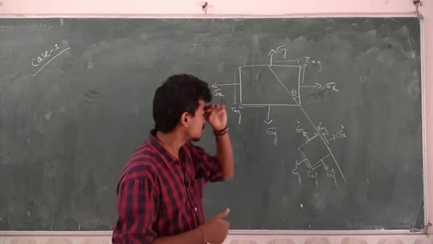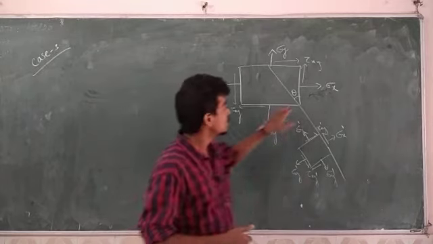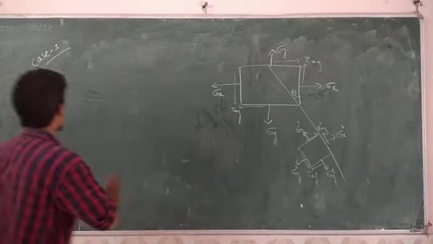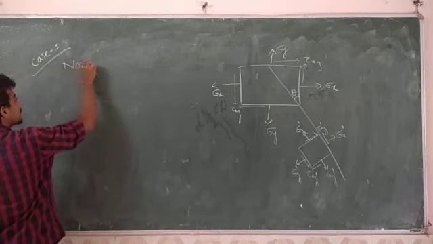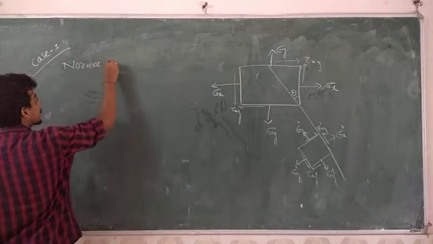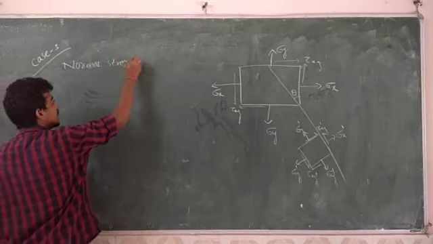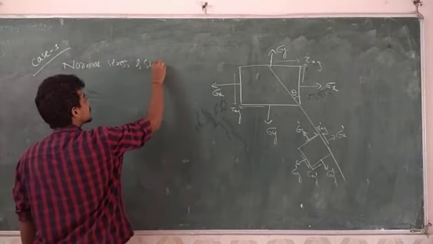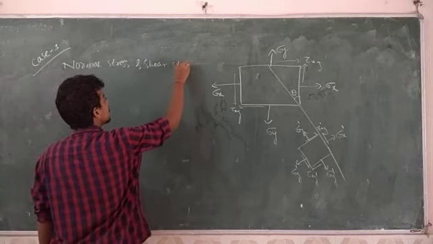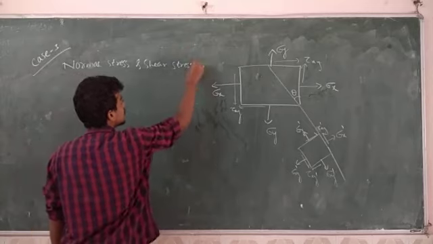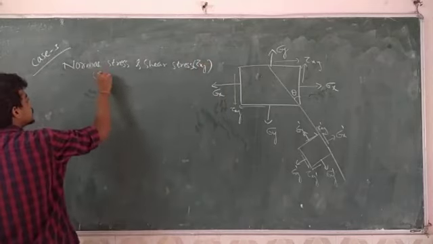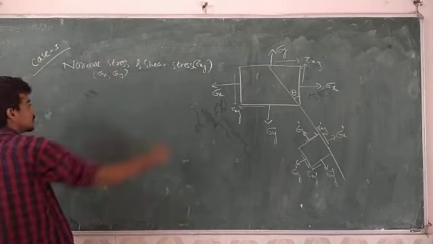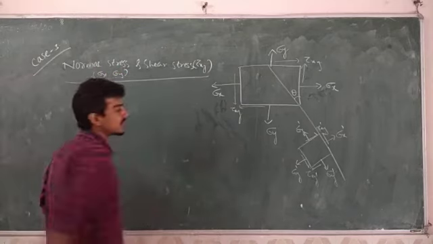So in this case the given data are normal stress and shear stress. Here tau xy, here sigma x comma sigma y. These are the given data.